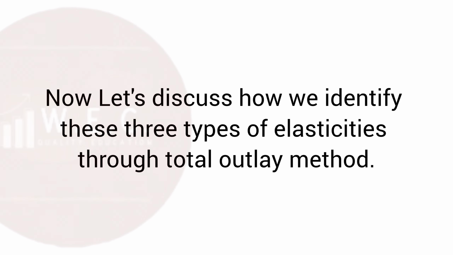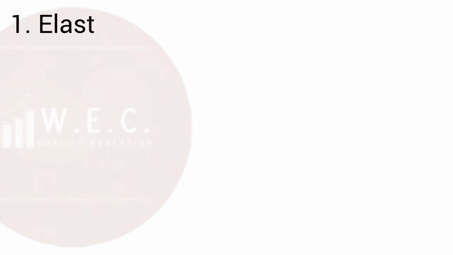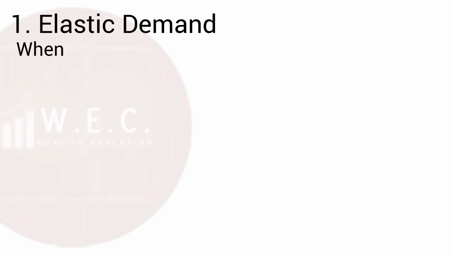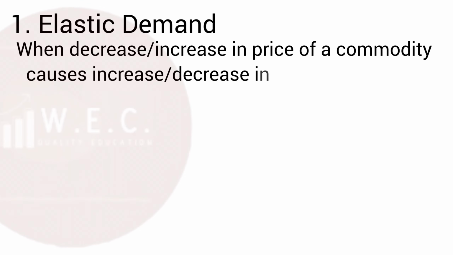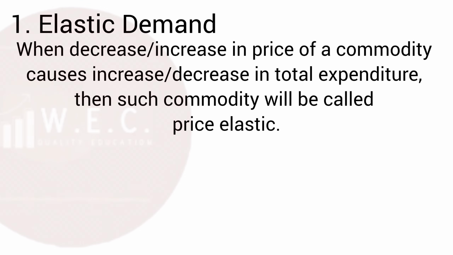Now let's discuss how we can identify these three types of elasticities through the total outlay or total expenditure method. Let's discuss first elastic demand. When a decrease or increase in price of a commodity causes an increase or decrease in the total expenditure, then such a commodity will be called price elastic.